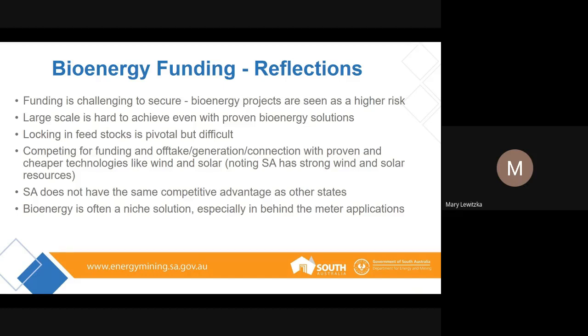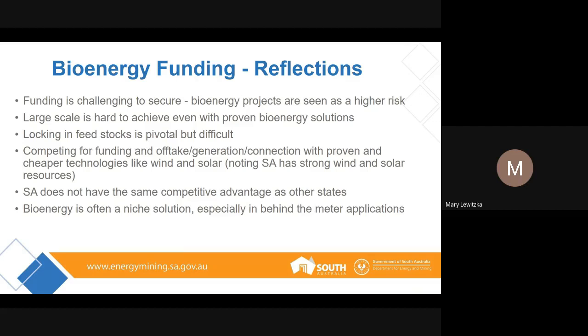Locking in feedstocks is pivotal but quite difficult. Bioenergy projects are often competing for funding and offtake or generation and connection with proven and cheaper technologies like wind and solar. And I note here that South Australia has strong wind and solar resources. It's harder to get projects to stand out in South Australia due to those wind, solar and battery options being easier to source and easier to get funding for because they're less risky.